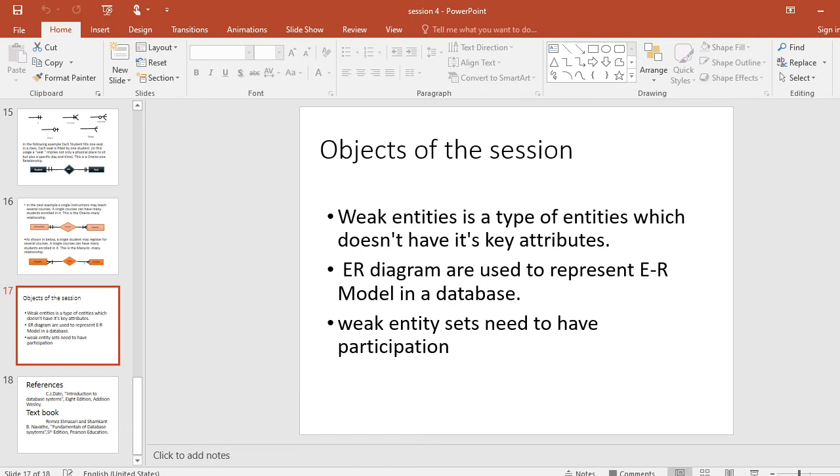Weak entity, as already told, means the entity having no key attribute. Weak entity sets need to have participation. This is also a good example whenever you want to create an ER diagram, which you can show diagrammatically in the ER model, as already shown.